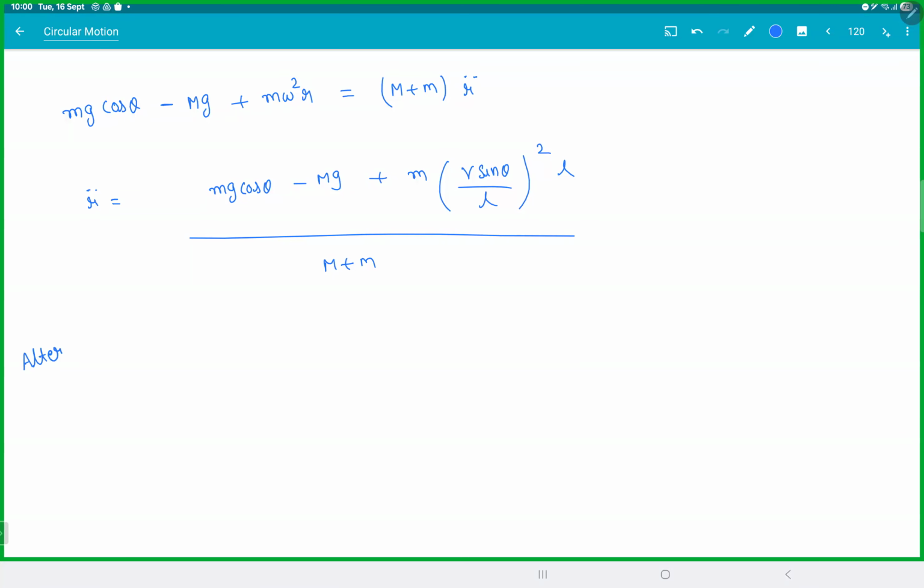You guys remember in NLM I taught you something, the net pulling force method. So if I try to use that, this is capital M, this is small m. Think of it like this. This guy is getting pulled down by mg. Let this be acceleration A. This is being pulled by mg cos theta.